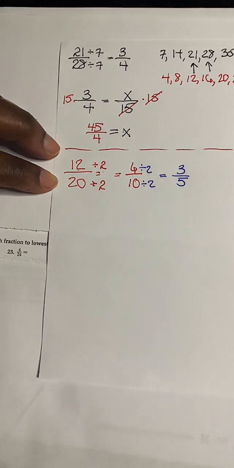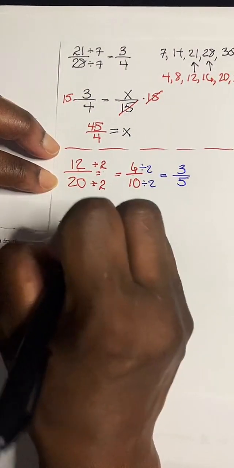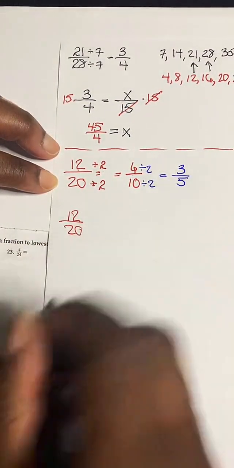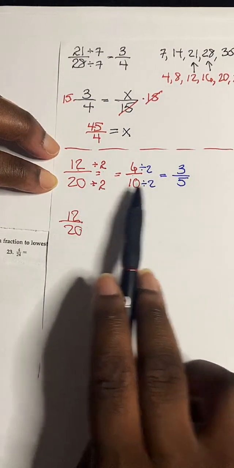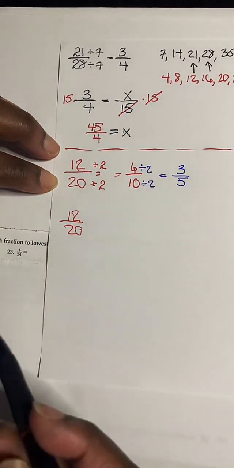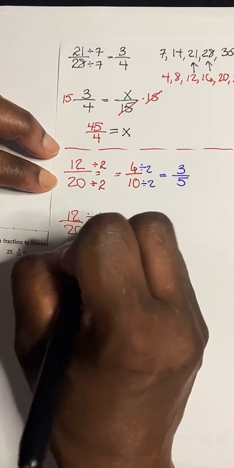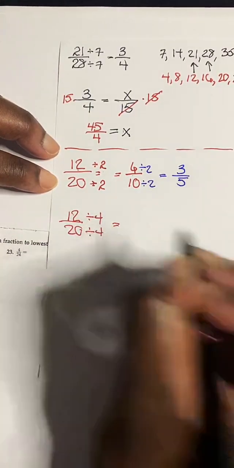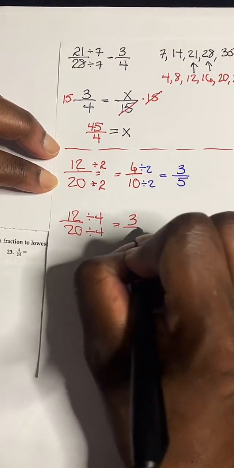So if I had the same problem, 12/20ths, since I notice I can do it twice, I know that 2 times 2 can give me 4. Let me see if 4 will work. 12 divided by 4 gives me 3.